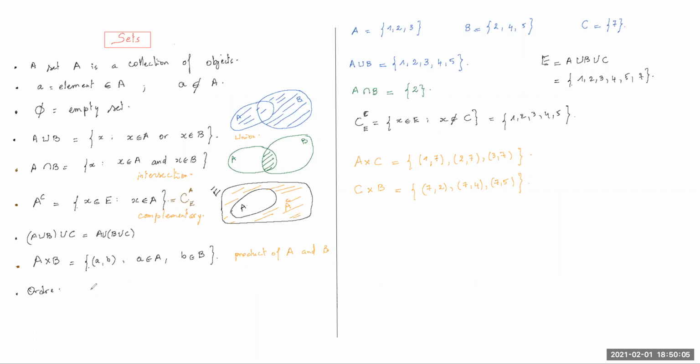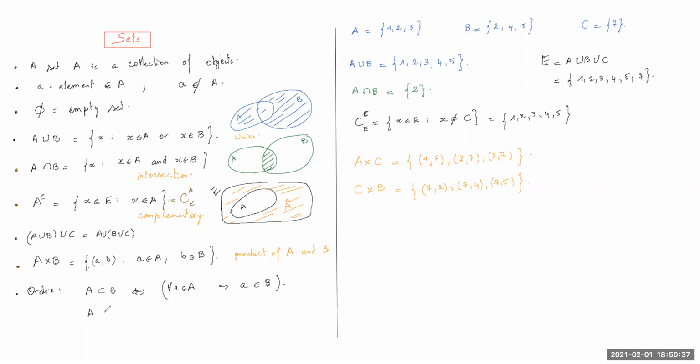We can say that a set A is included in B if you can check that any element of A, in the set A, is also in B. That means like here, A is included in E. What else?